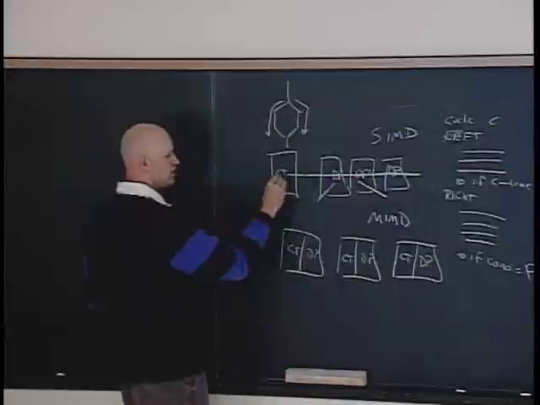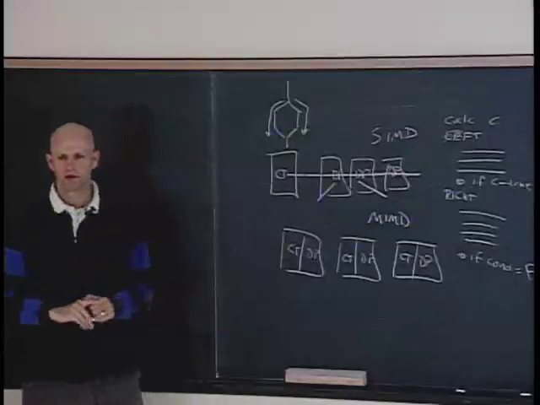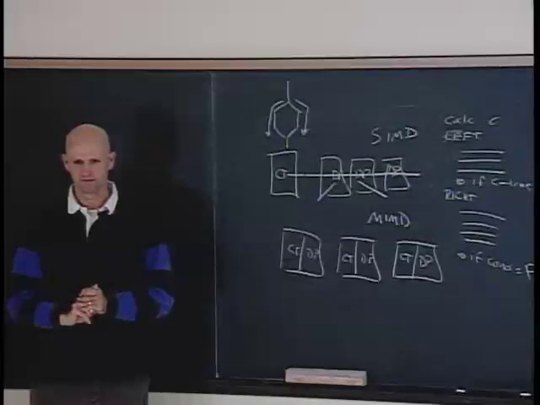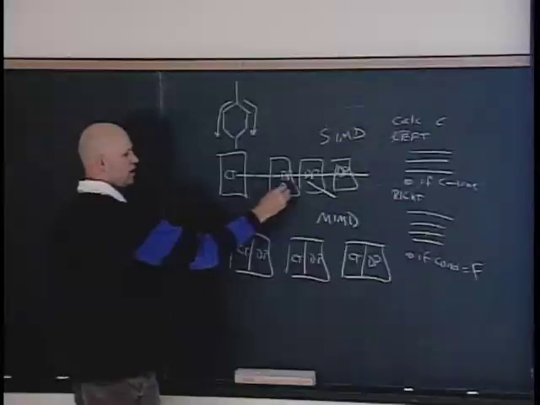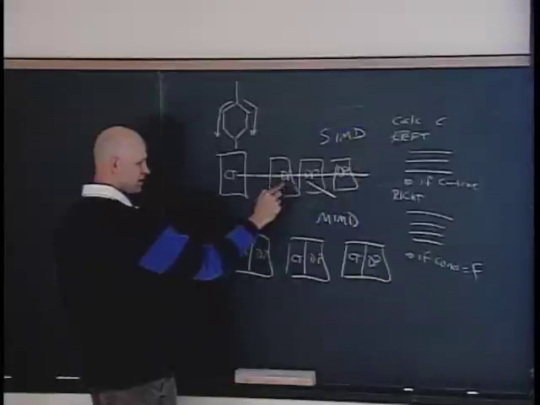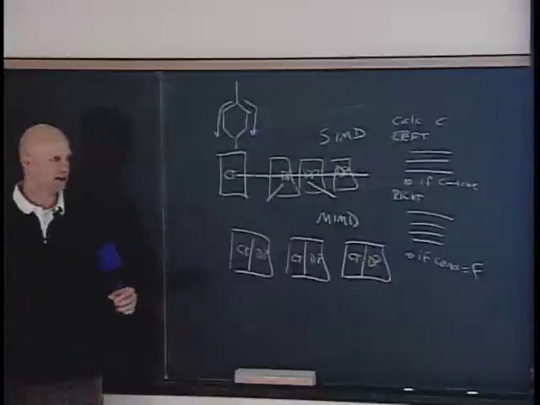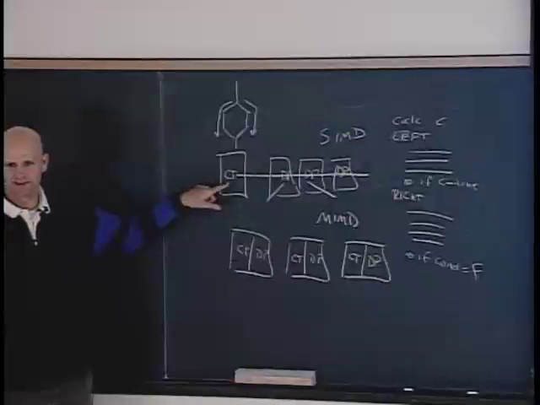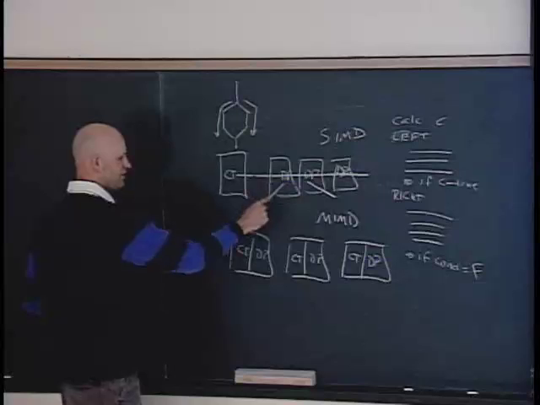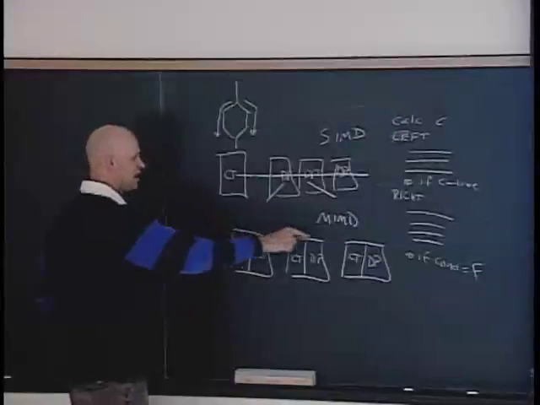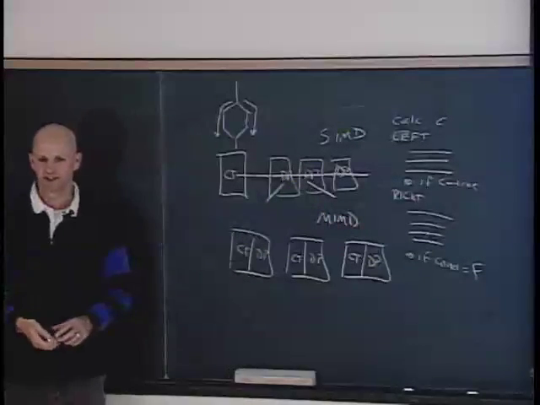There's only one controller, only one program counter. So as this thread starts to run down this branch, it can't stop and run down a different branch, because there's only one program counter. All of them have to run down this branch and then come back, and all of them have to run down that branch.